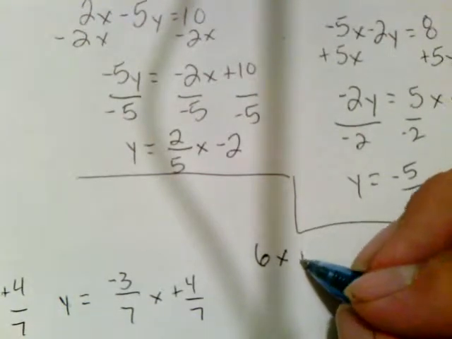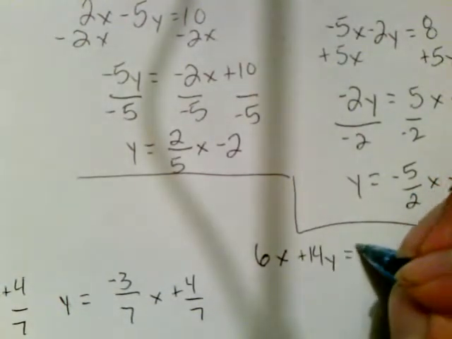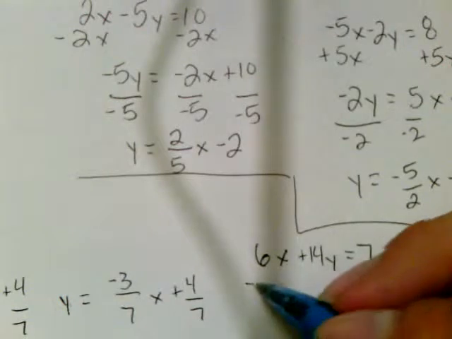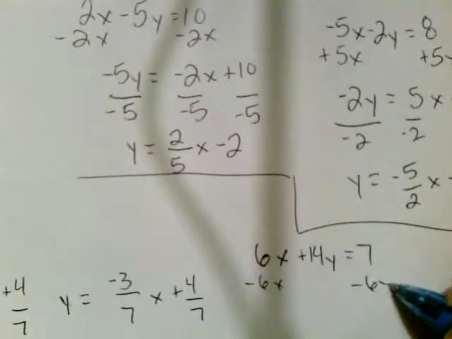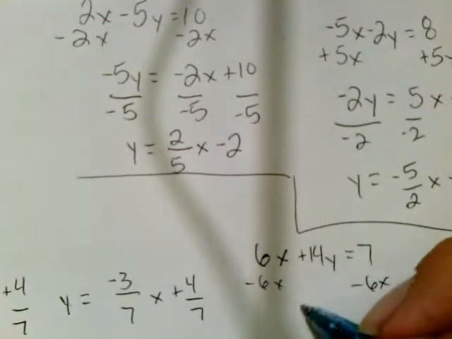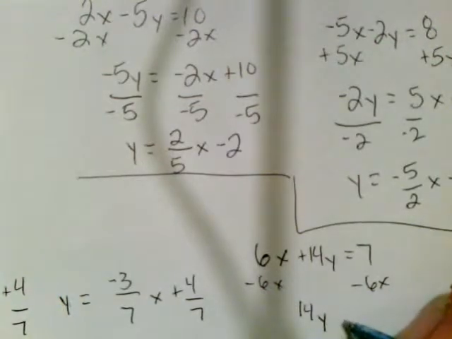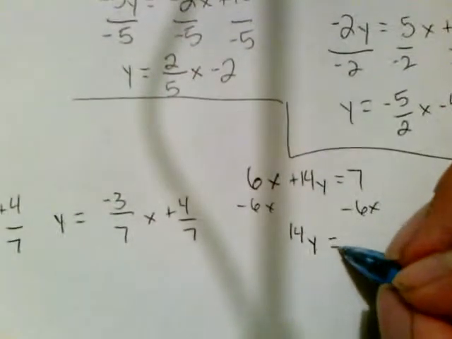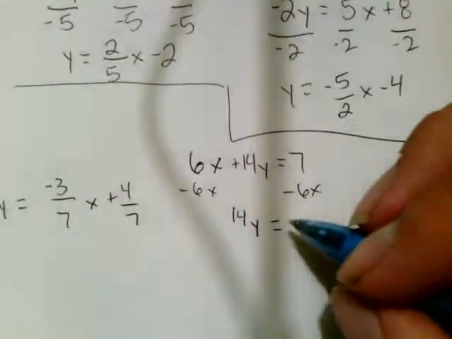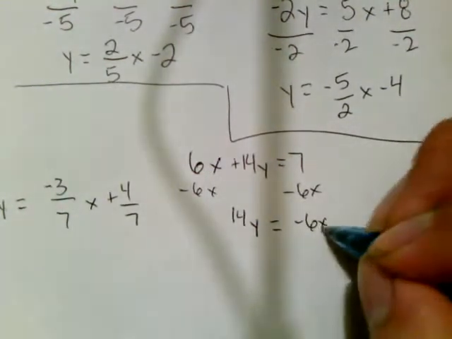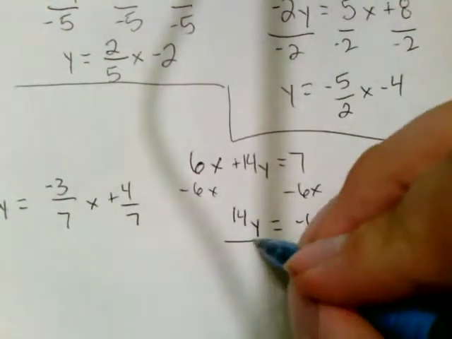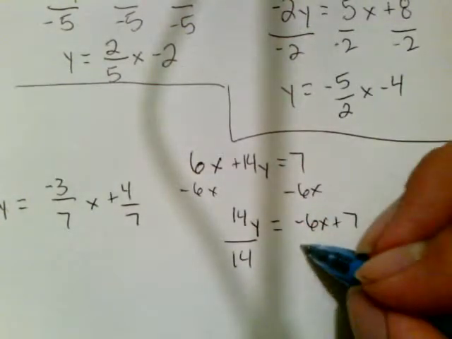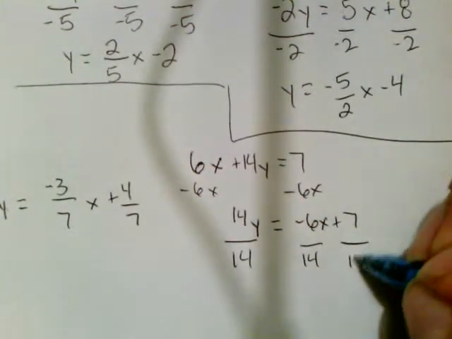6x plus 14y equals 7. Subtract 6x, subtract 6x. 14y equals negative 6x plus 7. Divide by 14, divide by 14, divide by 14.